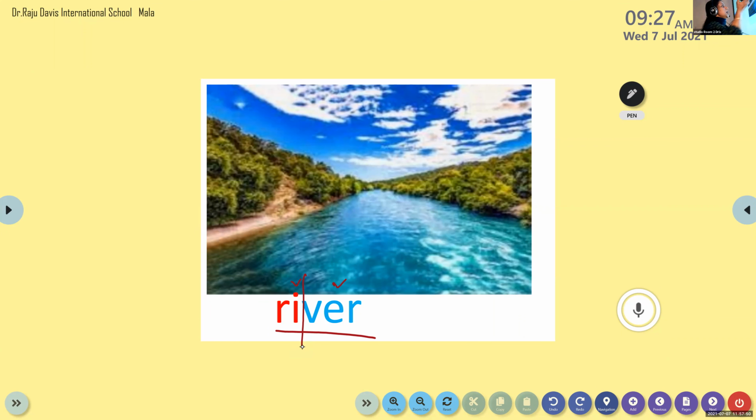When we learn the spelling of this word, all of you please write it. Take your rough book. Ri, ver. So it is river. Write this word in your rough book once.